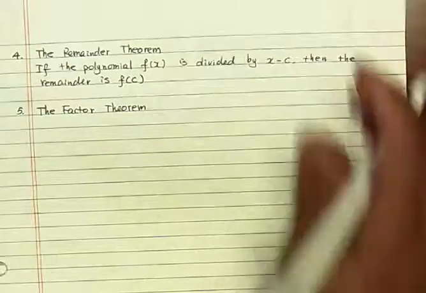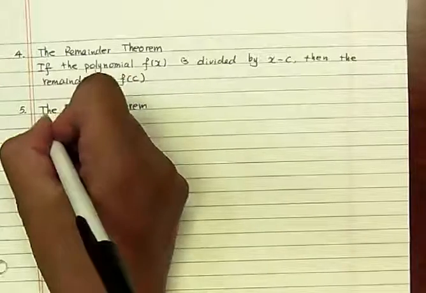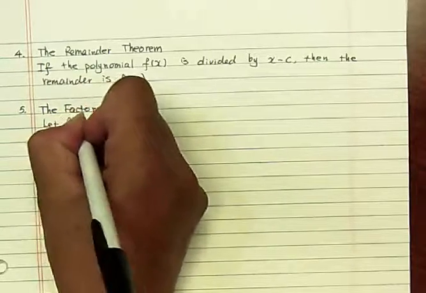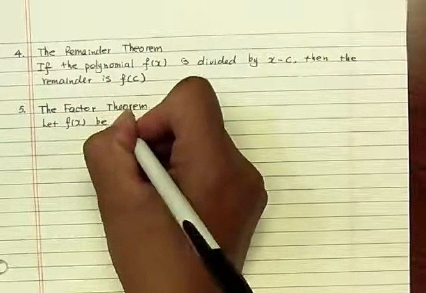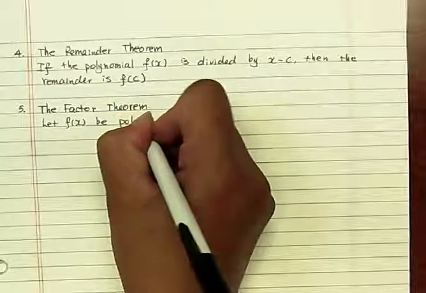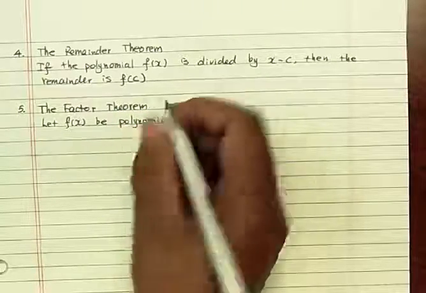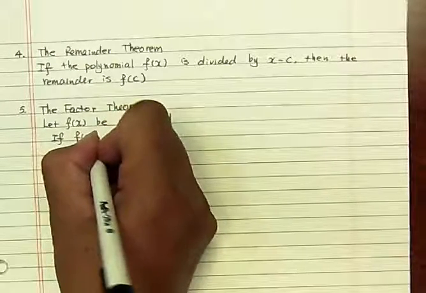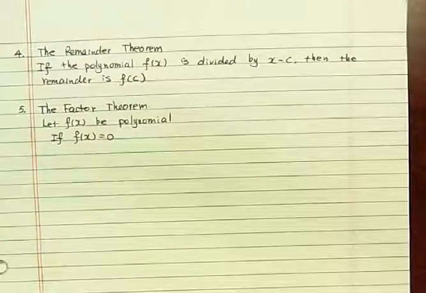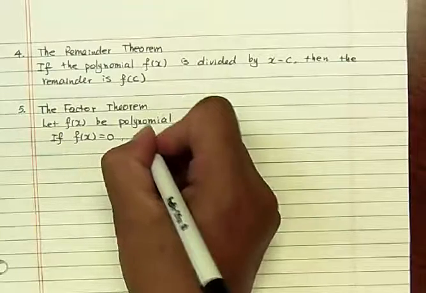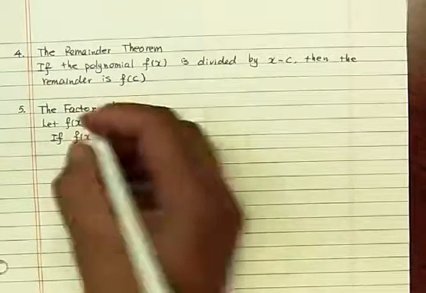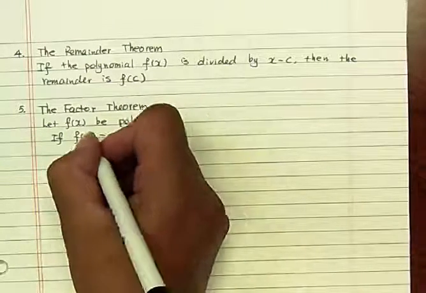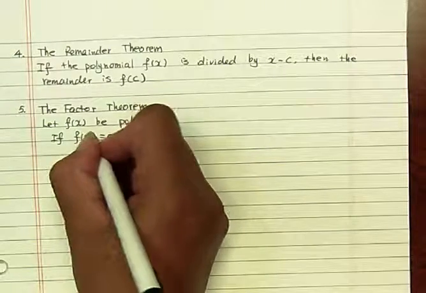What it means is, if we have f of x that is a polynomial, and f of x equals 0, we call that the zero. So f of c, let me call this special one, f of c equals 0.